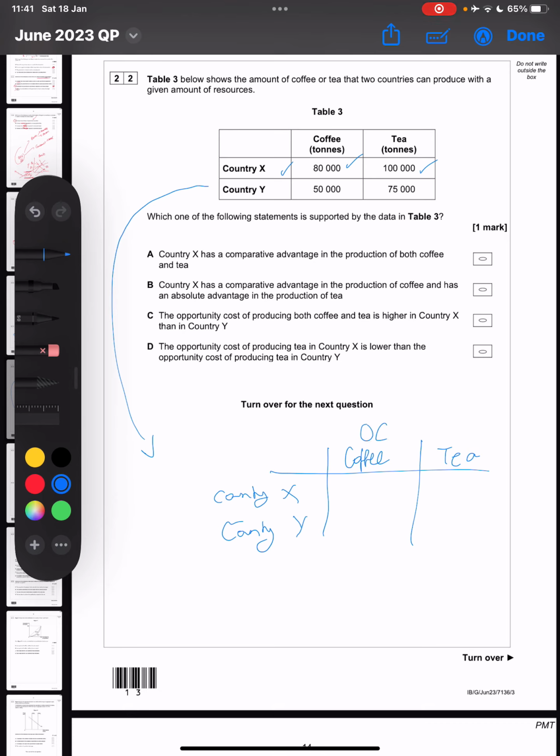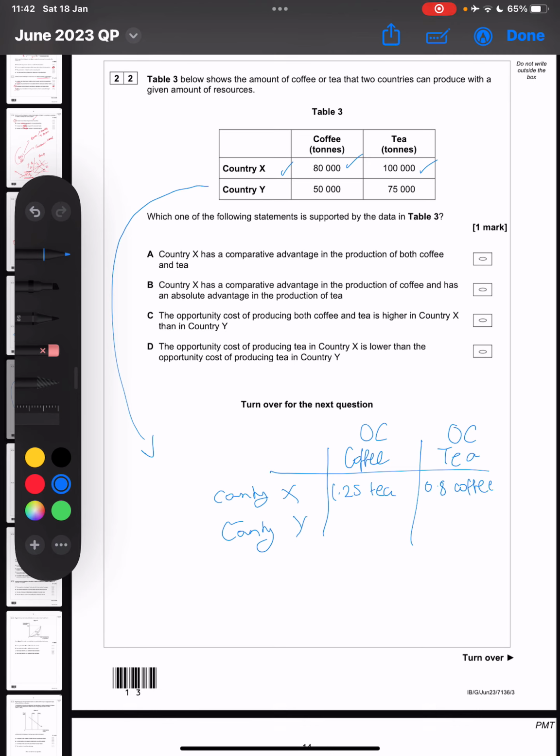So the opportunity cost to produce one coffee, country X has 100,000 tea divided by 80,000. So they have to sacrifice 1.25 tea. And to produce one tea, you have to sacrifice 0.8 coffee.